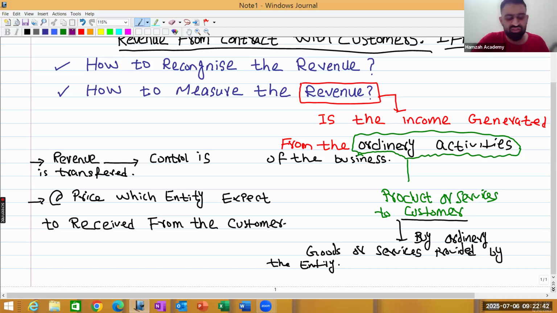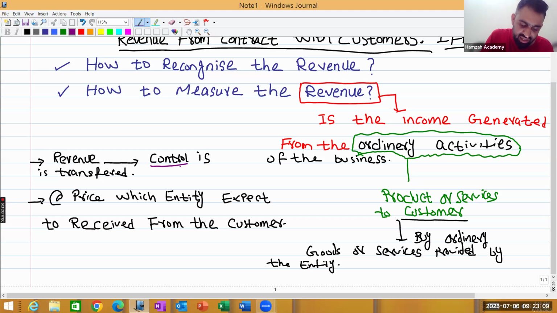So if someone asks when revenue is recognized, our answer will be when the control of the thing is transferred. The second question is how to measure. The revenue should be measured at a price which the entity expects to receive from the customer.